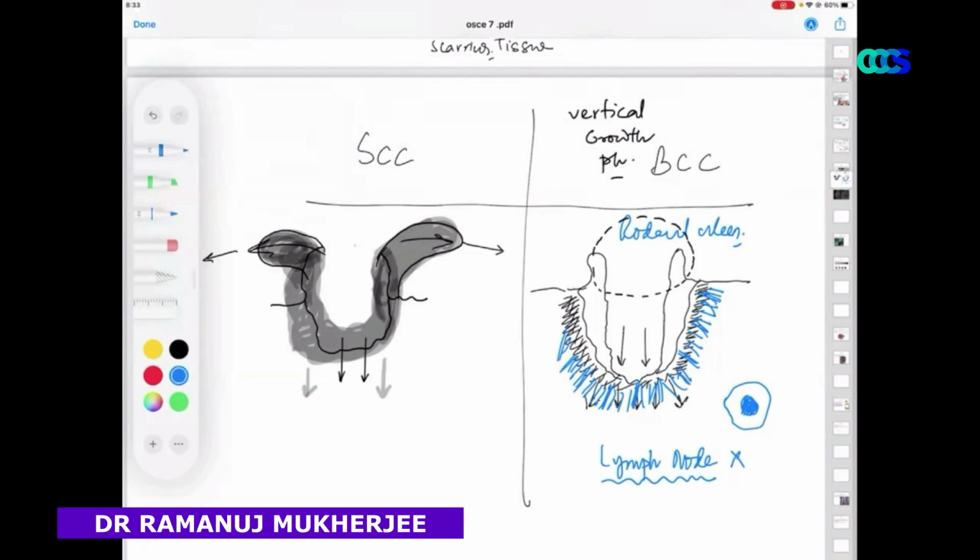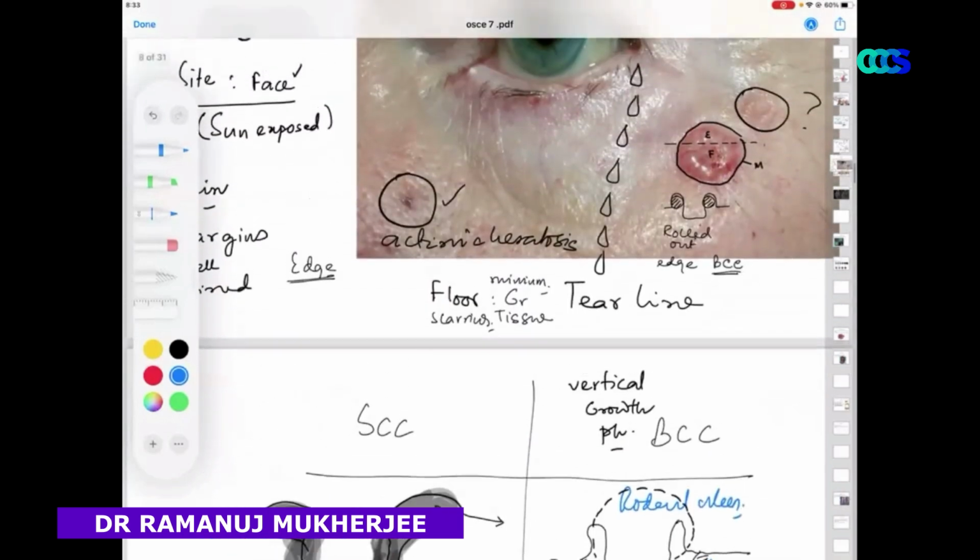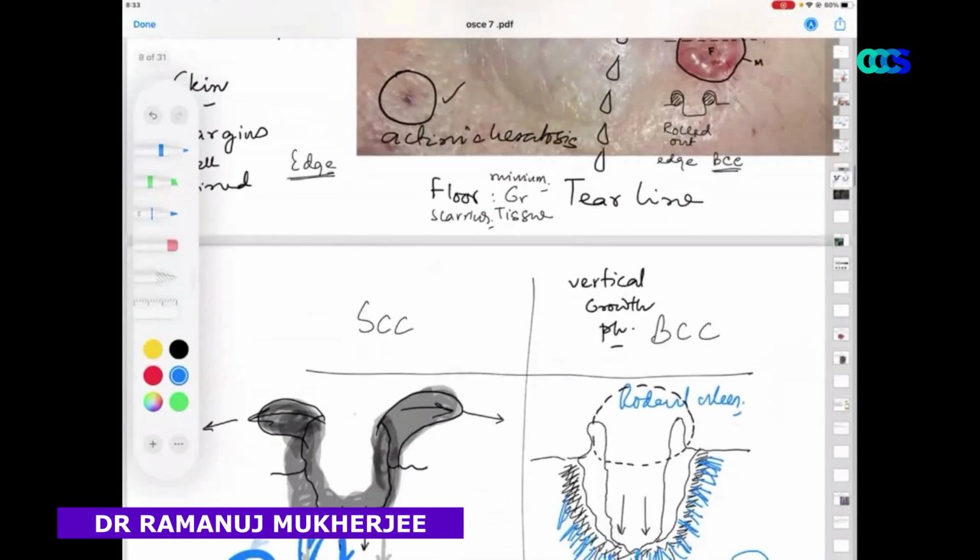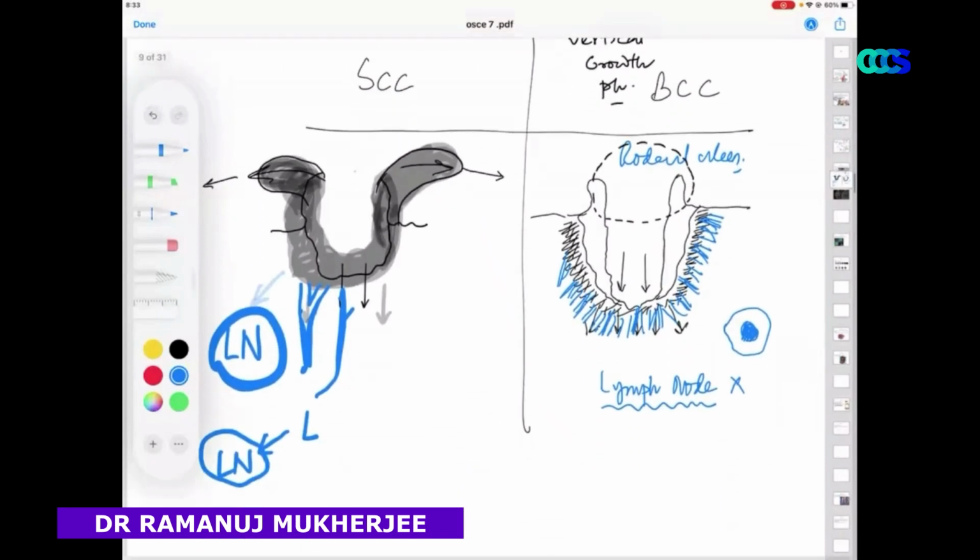Now, the depth of infiltration and the involvement of underlying tissues will always be there. But before this, what is very important is the involvement of the lymph nodes, because they are richly supplied with lymphatics, and lymph node metastasis is a common phenomenon. So this completes what is about a squamous cell cancer. Now, the treatment of a basal cell cancer, remember, is not wide local excision.